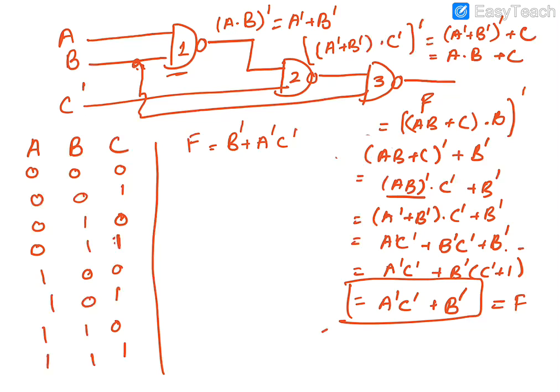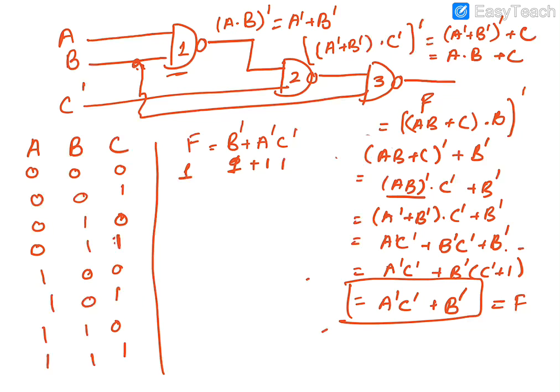What will be the value of F for each input? For 0 0 0, you can see from the table, if B is 0, B prime is 1, A prime is 1, and C prime is 1. So the output is equal to 1.